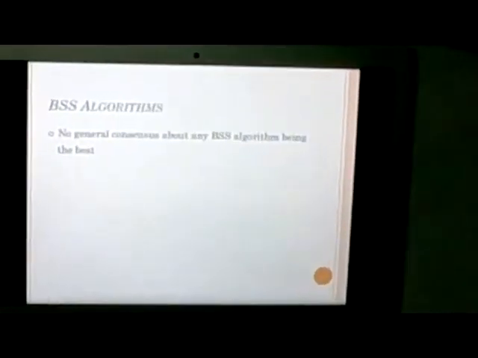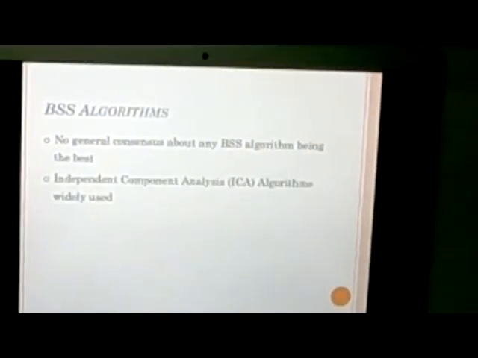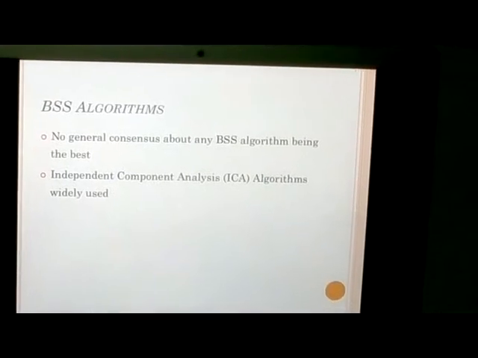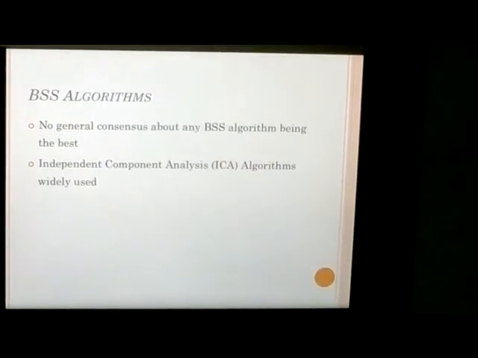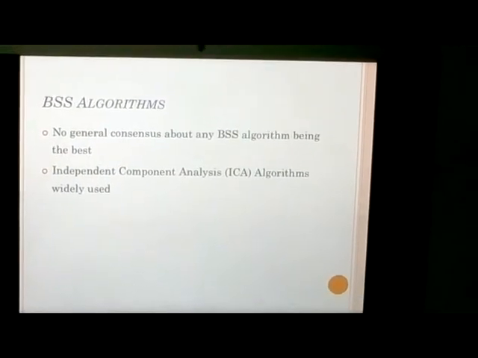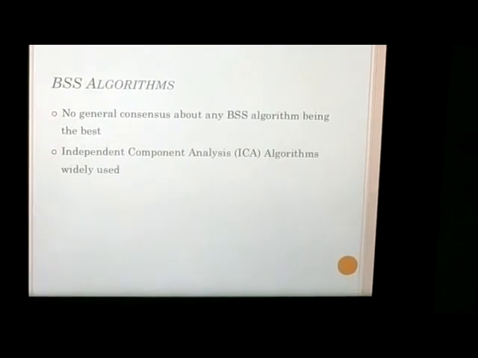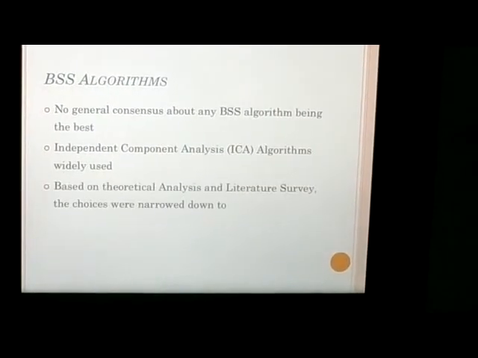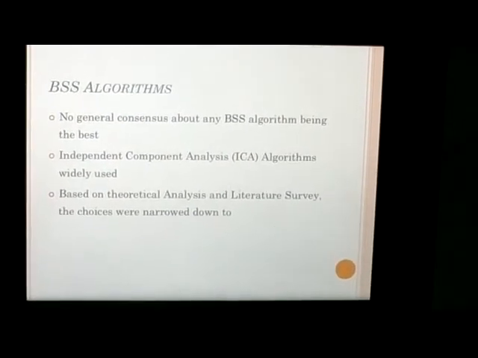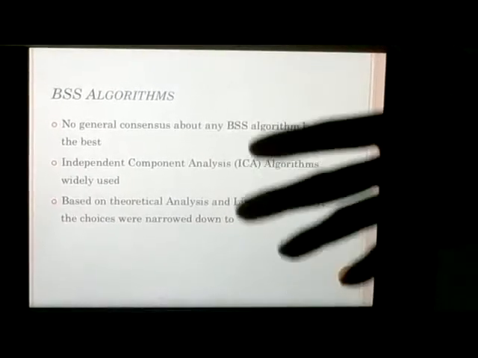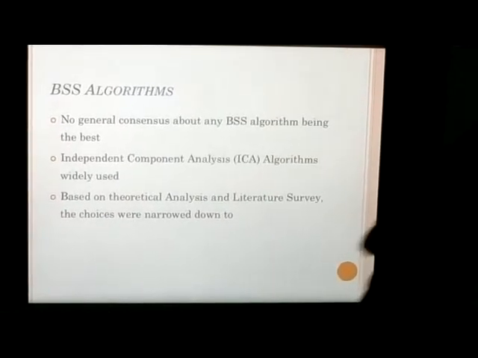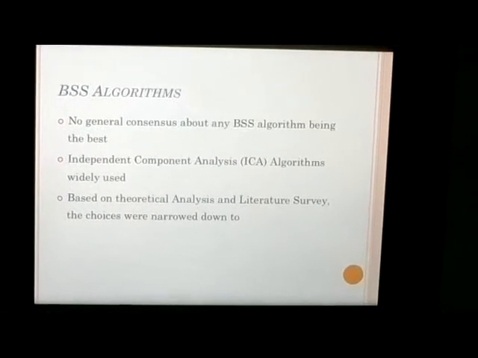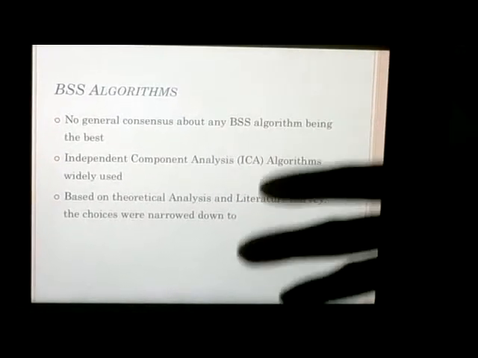Now, BSS algorithms: there is no general consensus about any BSS algorithm being the best. I'm not saying that it is the best algorithm, but to me, I thought it was the best. Independent component analysis, ICA algorithms, are widely used. That's why I tried to venture out into a new variety of algorithms. Let's see what we can do with a BSS algorithm, because nobody has worked on this algorithm so far.